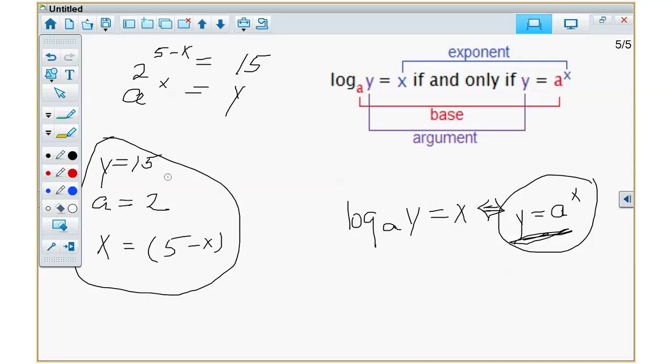So y, or log base 2 of 15, is equal to 5 minus x. Now just solve for x. There's only one little problem, and I'll let y'all solve for x, and then we'll figure out what the one little problem is.